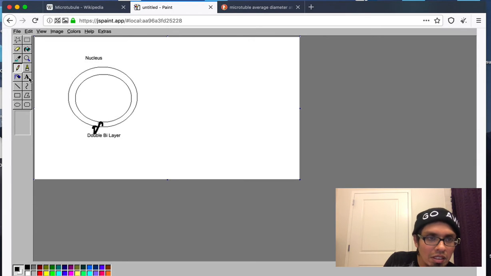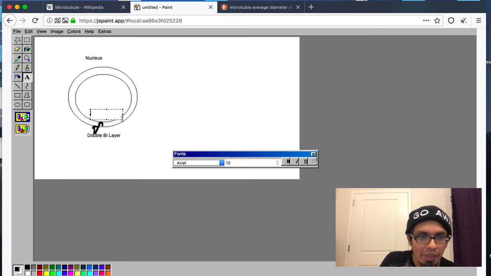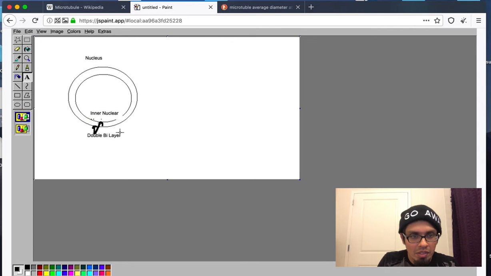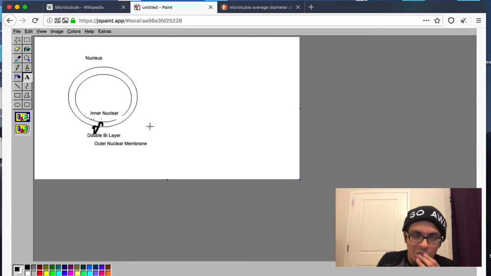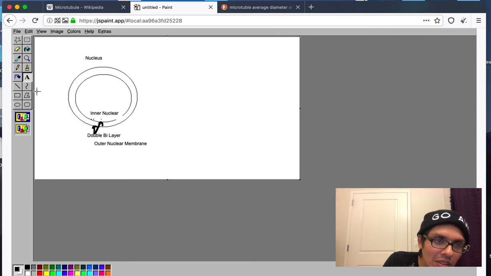This is the inner nuclear membrane, outer nuclear membrane. The difference between the inner nuclear membrane and outer nuclear membrane, there's probably a ton, but I'm not going to talk about them all right now.